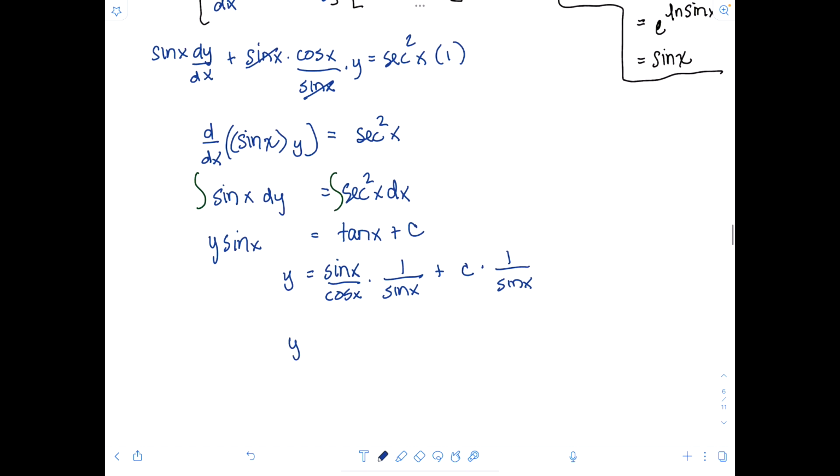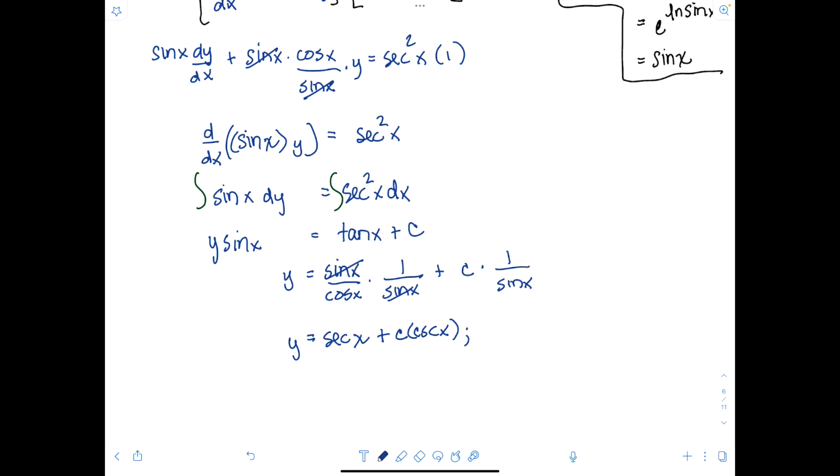So we will get y equals, these sine of x's cancel, we'll have secant of x plus our constant times cosecant of x. Beautiful.